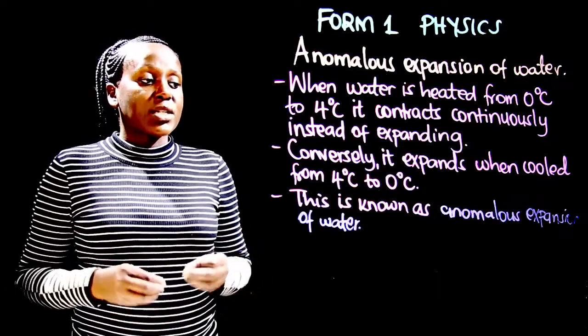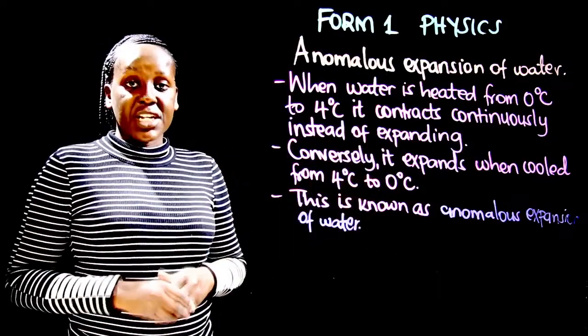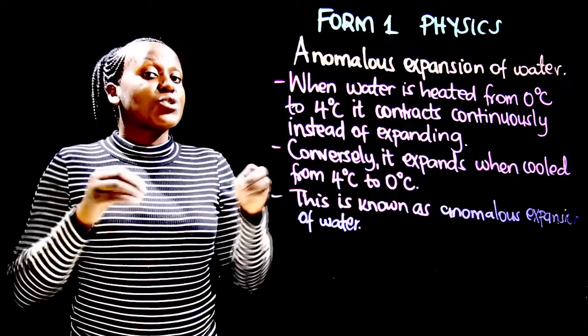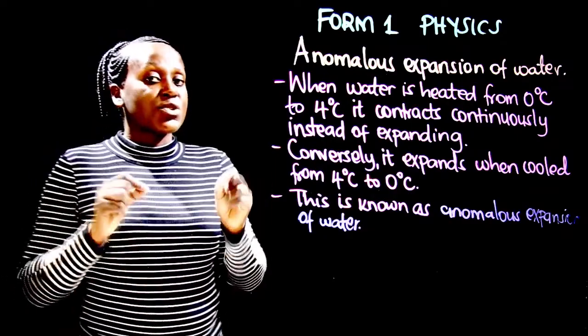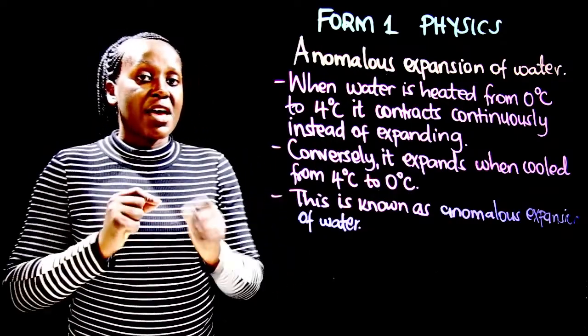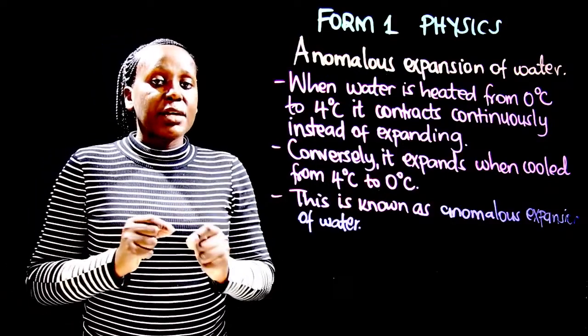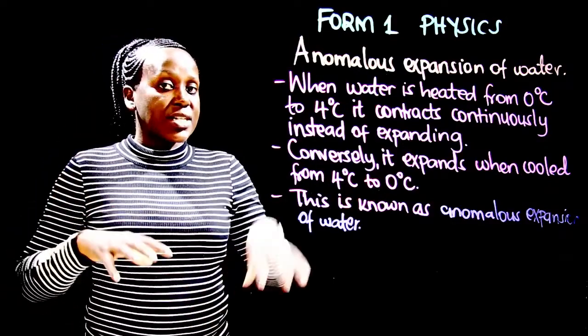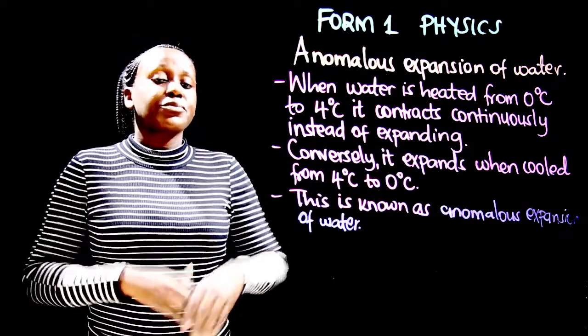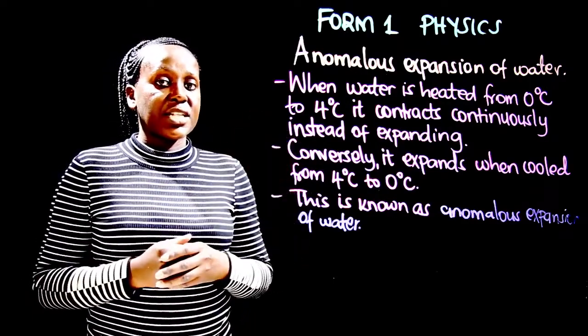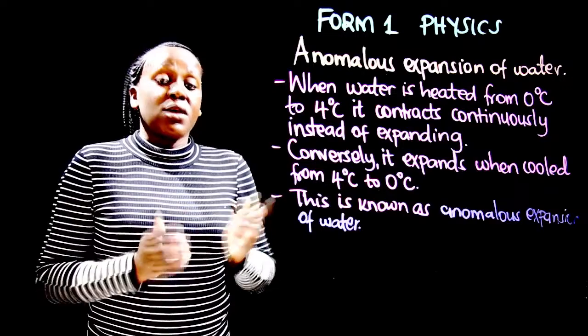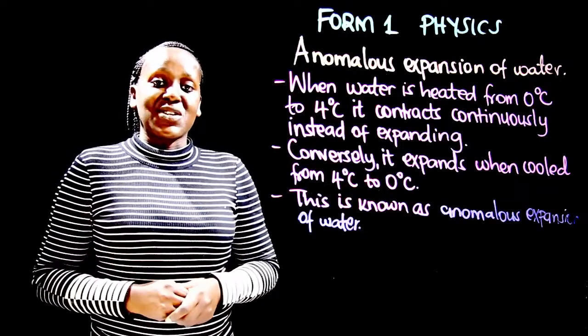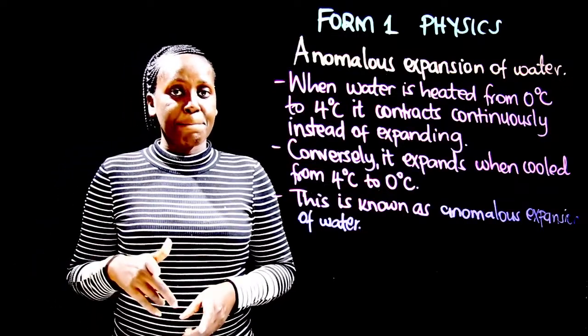And when you cool water below 0 degrees Celsius, it will contract. So it is good to note that the abnormal behavior of water is only between 0 degrees Celsius and 4 degrees Celsius. Beyond 4 degrees Celsius, the behavior is normal, and below 0 degrees Celsius, the behavior is normal.